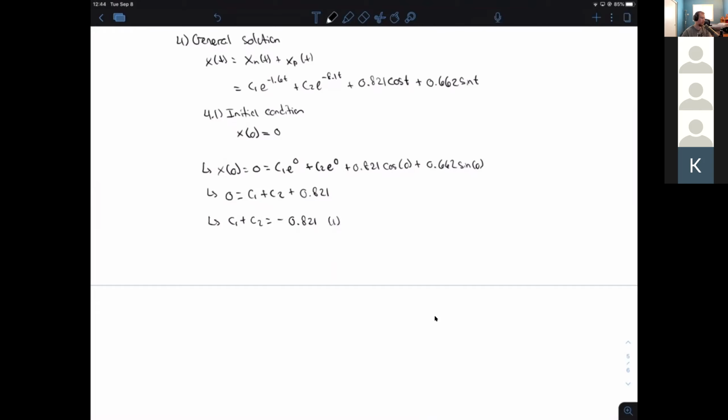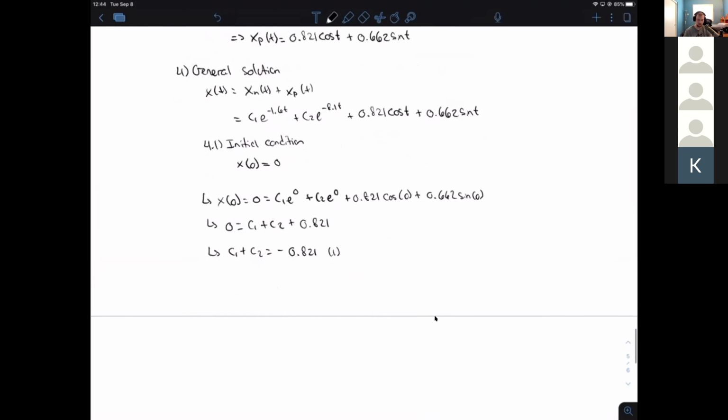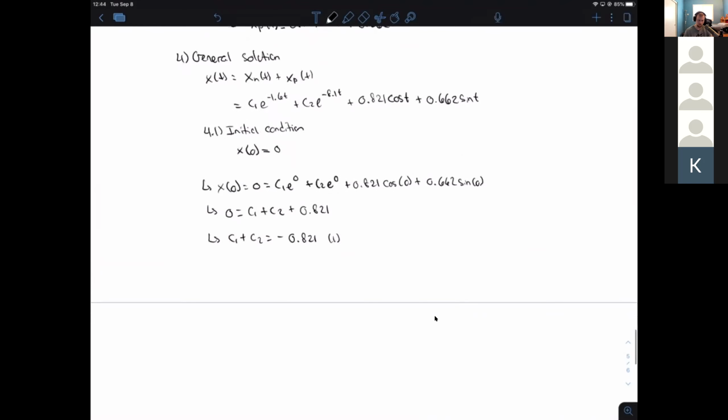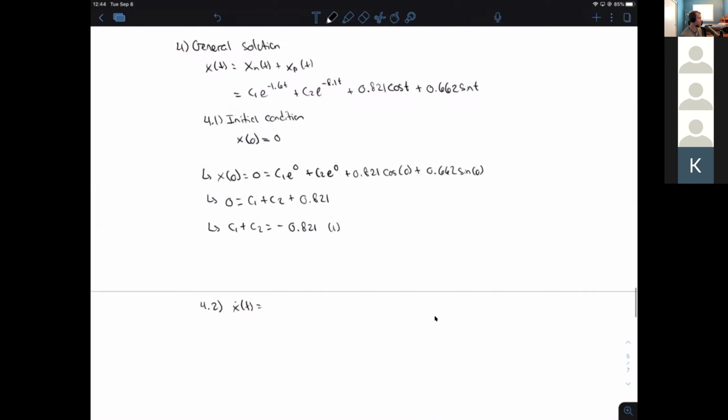Okay, now we're going to differentiate this. So we'll do x dot of t. So basically we're just going to differentiate what we had up top here for x of t.